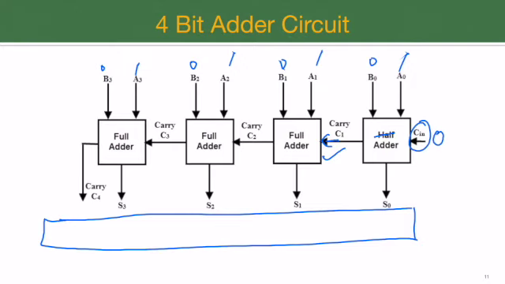Similarly, the carry produced by the second bit operation is being fed as C in for the third bit, and same is the case for the fourth bit. On the other hand, the carry for the fourth bit is being produced as the result. So adding two 4-bit numbers can produce a 5-bit result, which looks something like this.